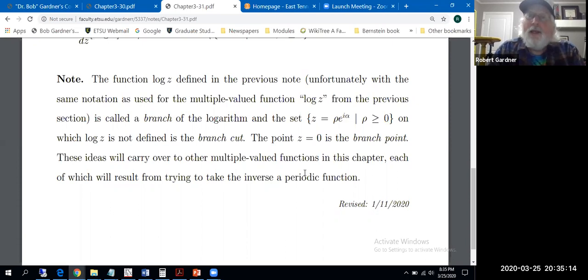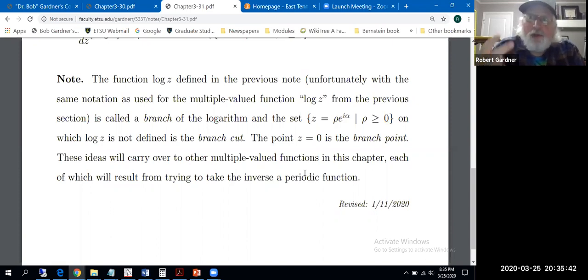We're going to need branches of a cube root function, because if I'm taking cube roots, there's going to be 3 choices for each input value. We need a protocol by which we choose exactly one of those so we can create a cube root function. But there's going to be 3 choices, so we'll have 3 natural branches of the cube root function.